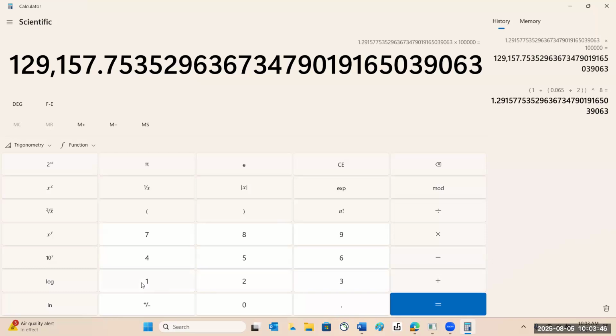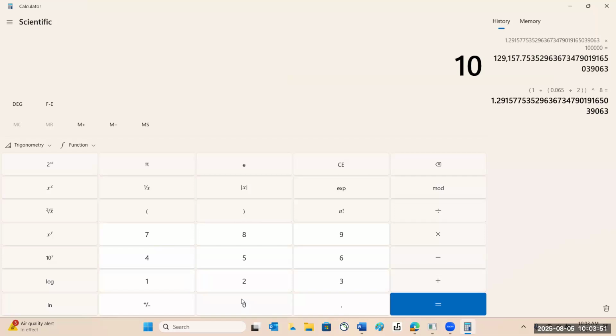Let's see what it looks like in 8 years. So we'll do $100,000 times parenthesis 1 plus 0.065 divided by 2. Raise that to the power, 8 times 2 is 16.